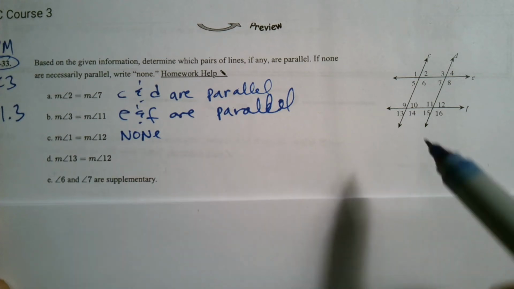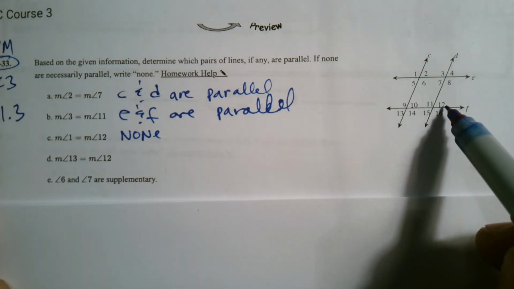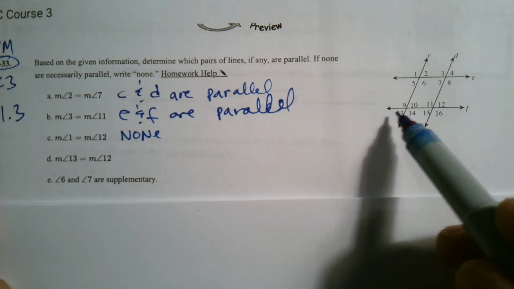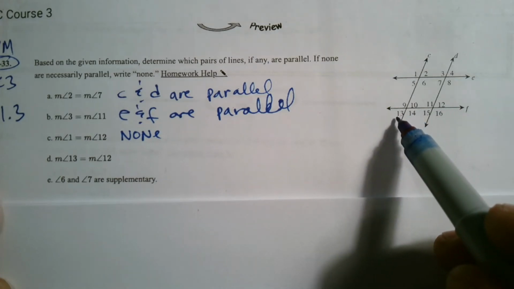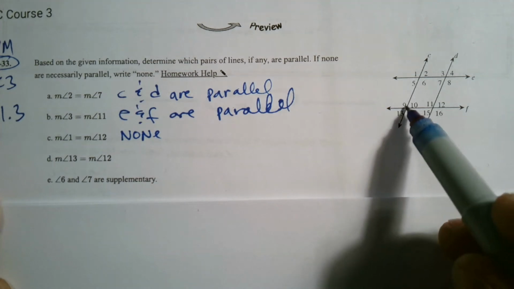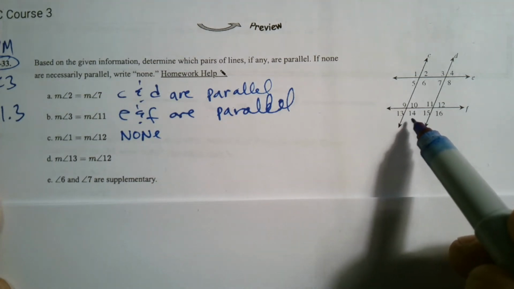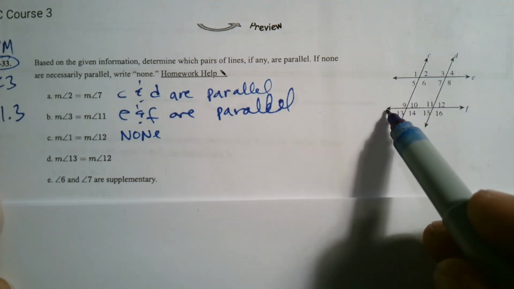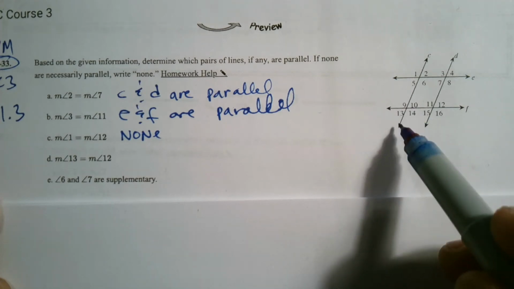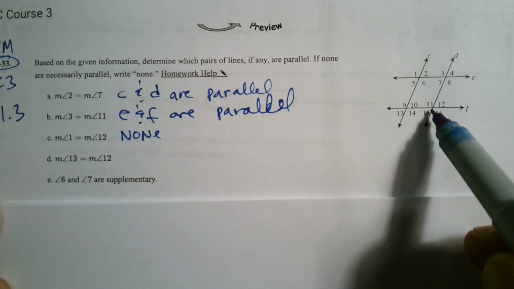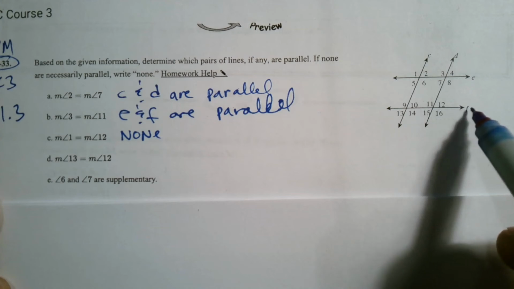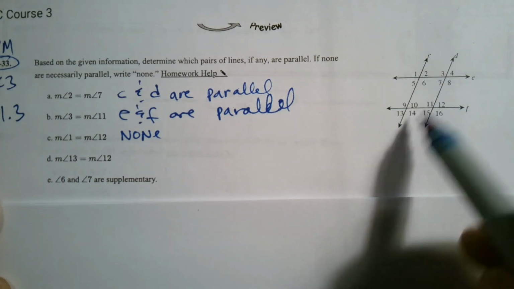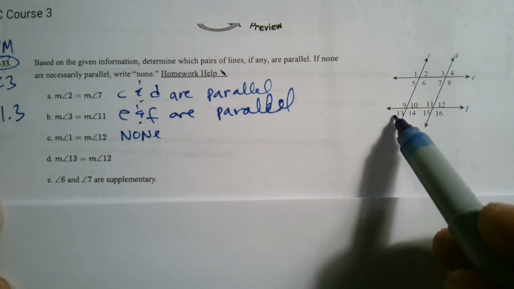Angle 13 and 12. Here's 13, here's 12. As mentioned before, is one of the rays that create those angles common with one of the lines? Yes, there is. Here's line F and line C, and here's line F and line D. That gives us some hope that F is the transversal and C and D are parallel, because those angles are equal.